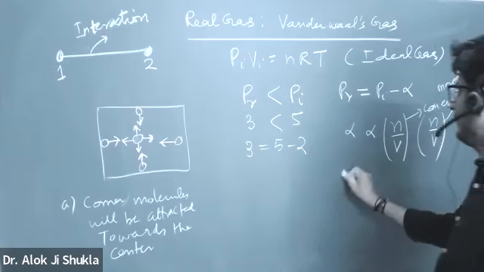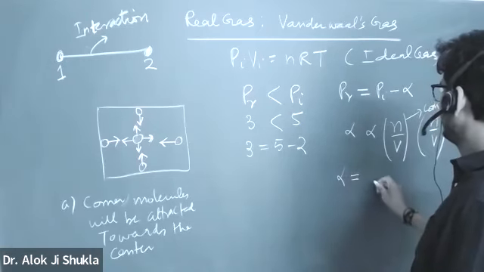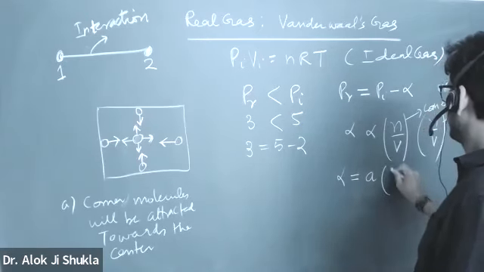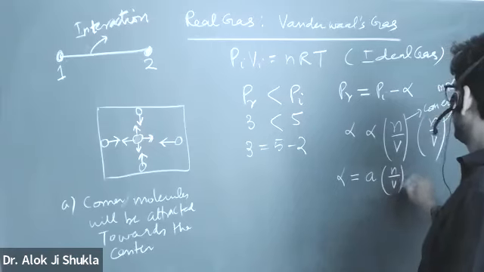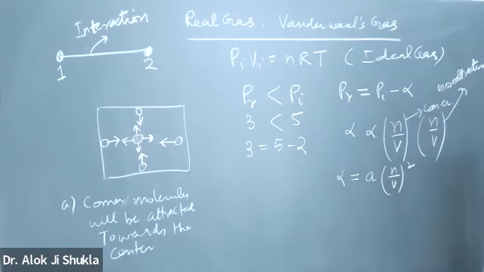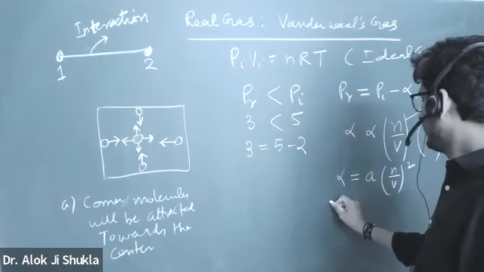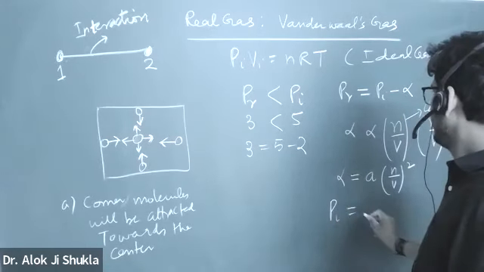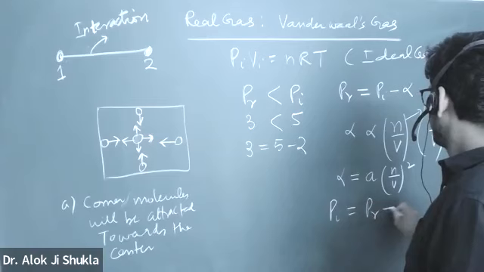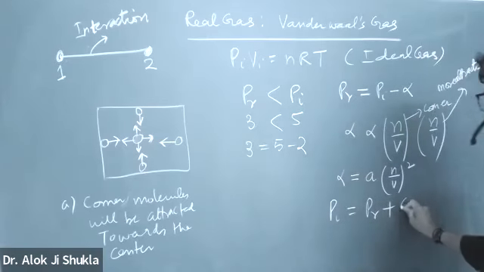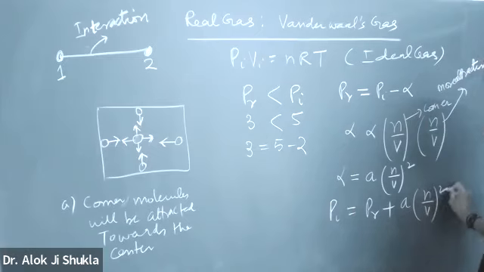So this alpha will be equal to some A times (N by V) whole squared. Okay. So your P_i will be P_R plus A (N by V) whole squared.